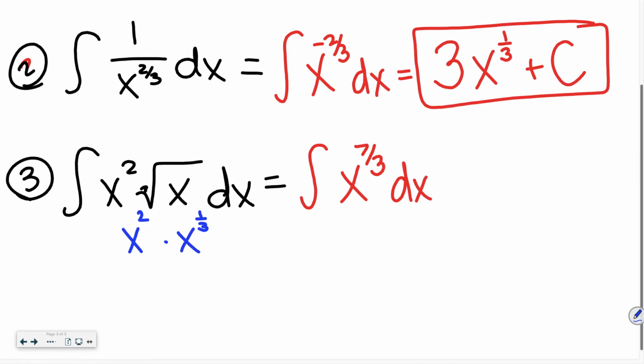When we multiply and we have the same base, we add our exponents, and 2, aka 6/3, plus 1/3 would be 7/3. So our antiderivative would be x to the 10/3 times reciprocal 3/10 plus c.